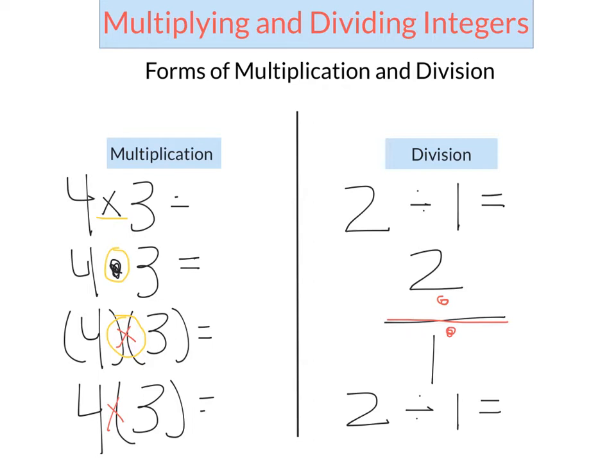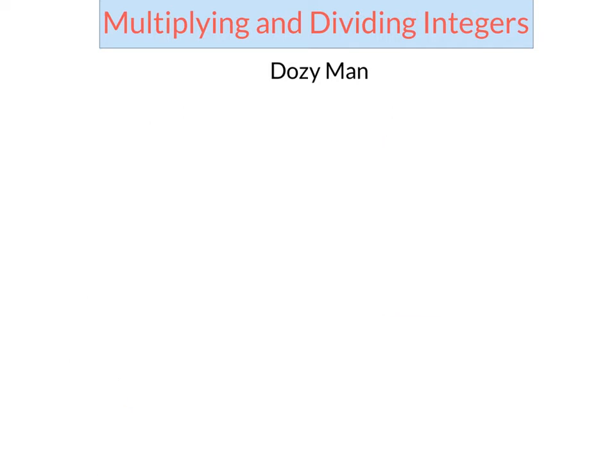Now that we've learned the forms, you'll be able to recognize what you're supposed to do when you see these problems. The next part is seeing what type of sign you're going to give your answer. And we're going to use Dozy Man. Dozy Man is really easy to draw and is how we figure out what sign we are going to give our answer for each problem.